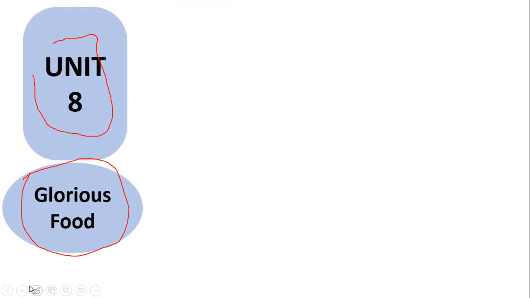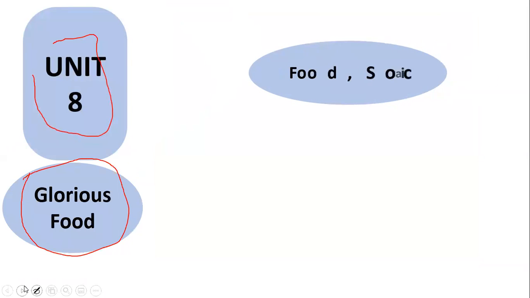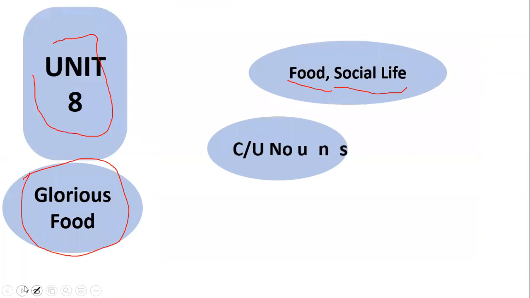Unit 8 is the final unit of your book. The name of the unit is Glorious Food. We are going to talk about food and social life. We're going to practice grammar with countable and uncountable nouns.